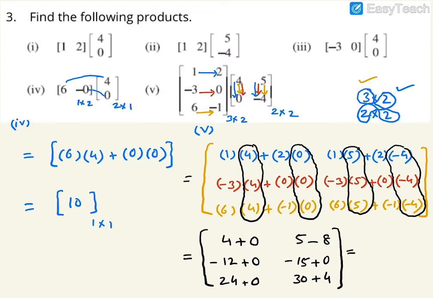So this will be equals to 4 plus 0 is 4. 5 minus 8 is minus 3. Minus 12 minus 15. 24 and 34. This is our required matrix, product AB, and the order of this one is 3 into 2, 3 rows and 2 columns. So this is your answer.